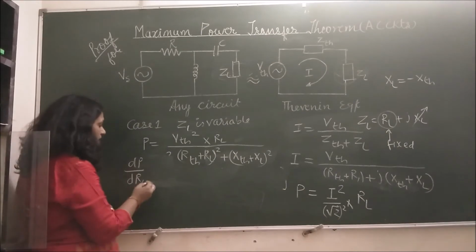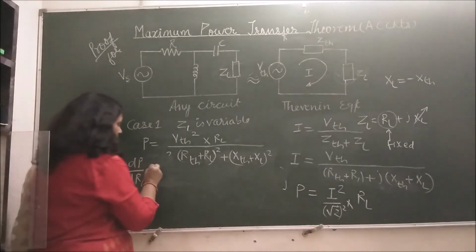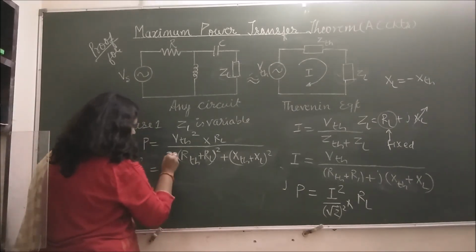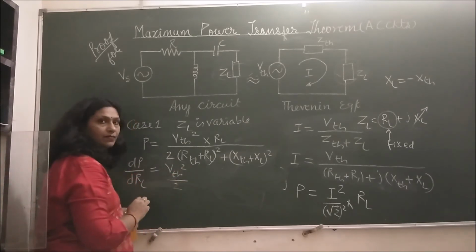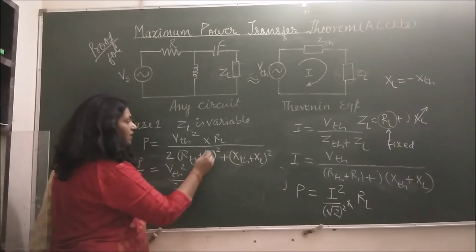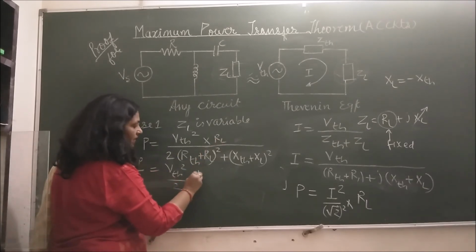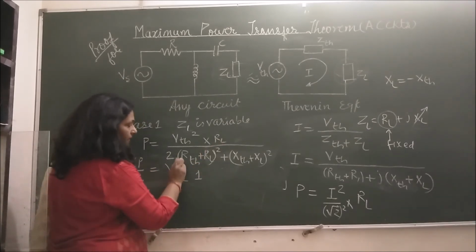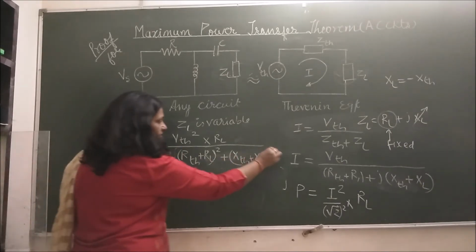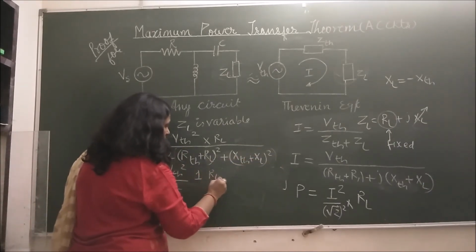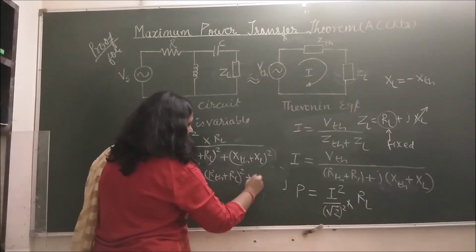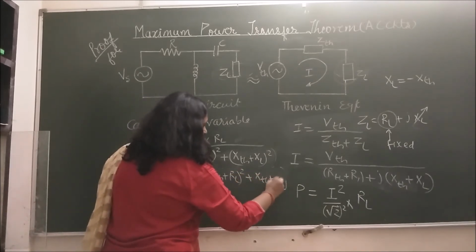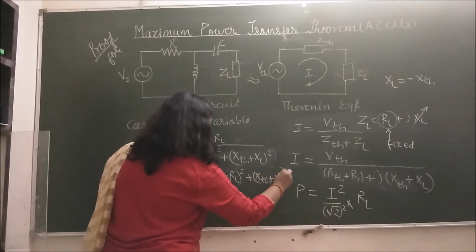That will give us the condition for RL. Here VTH squared by 2 will come as a constant, and the differentiation of RL will give us 1, multiplied by the denominator, RTH plus RL squared plus XTH plus XL squared.